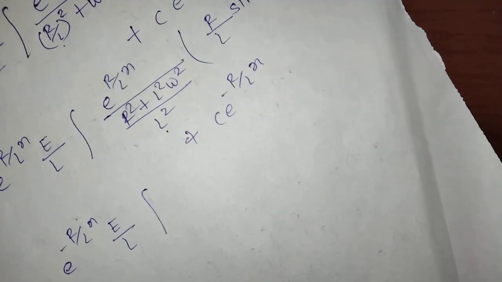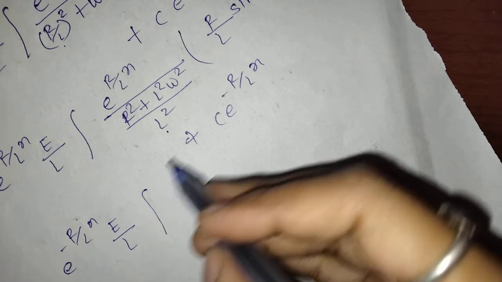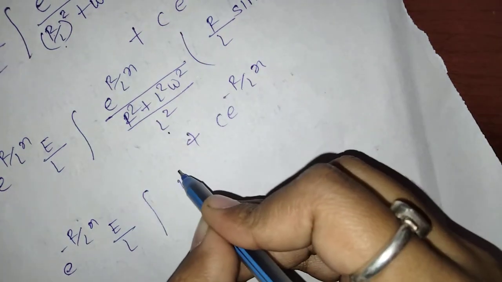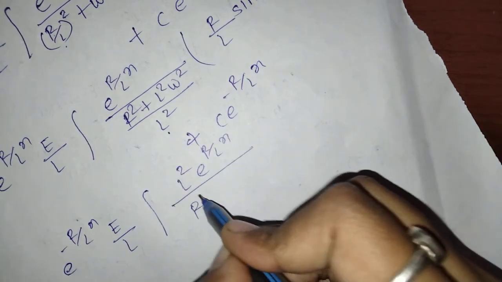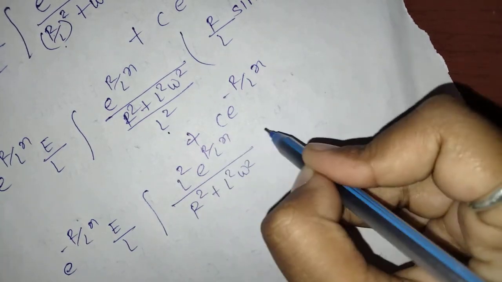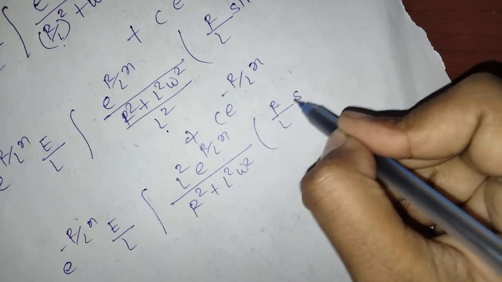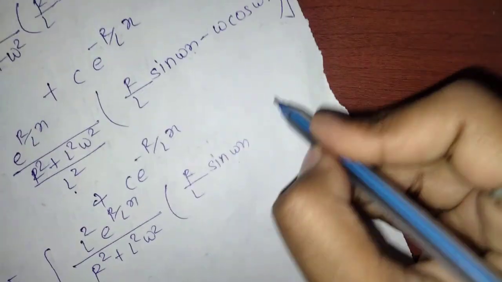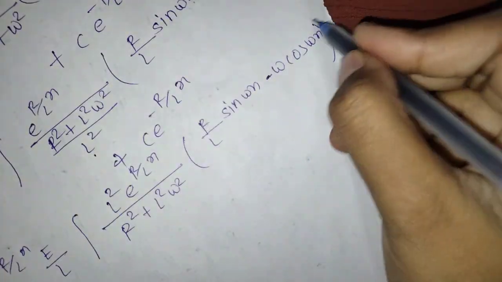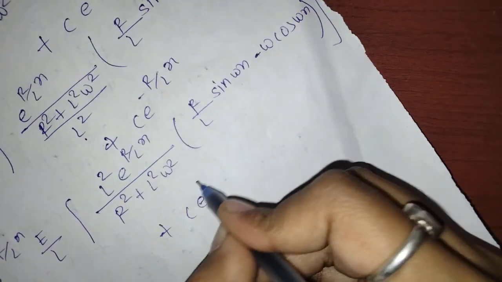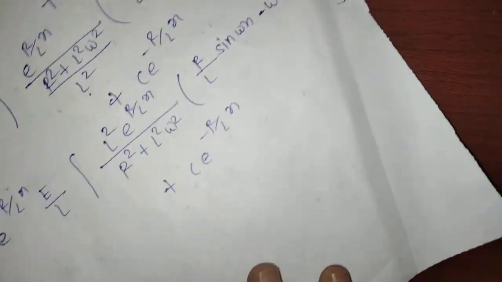will be taking the position of numerator. So L square e raised to (r/L)x upon r square plus L square w square into (r/L) sin wx minus w cos wx, and plus c into e raised to minus (r/L)x.